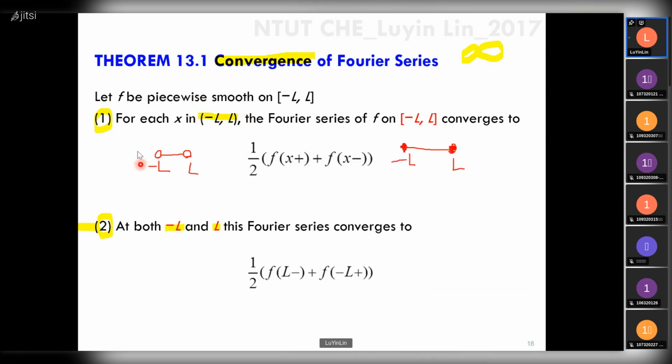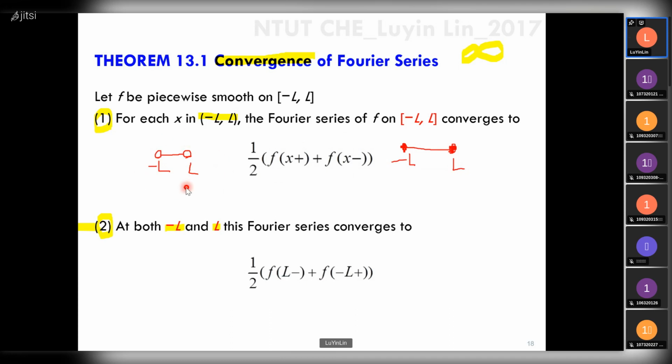Okay. So for this range, the series converges to this one. For every x, you just get a value from the left-hand side and from the right-hand side. You sum up and divide it by 2.